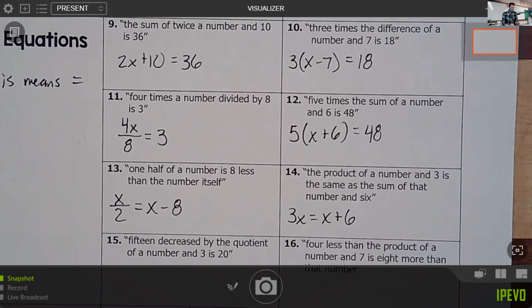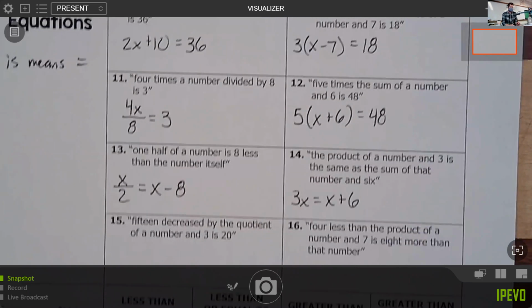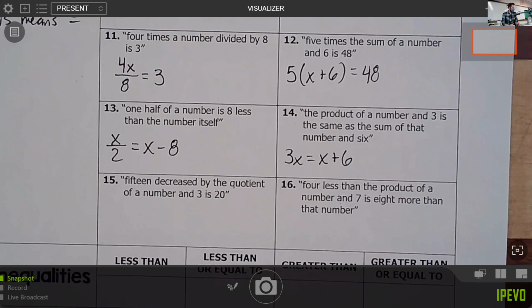Okay, here we go. Number 15 says 15 decreased by. Decreased by means what? Decreased by is subtraction. Is it a turnaround phrase? Do we see those exact words, decreased by, down on the turnaround phrases? No, we see less than, we see subtracted from. We do not see decreased by.